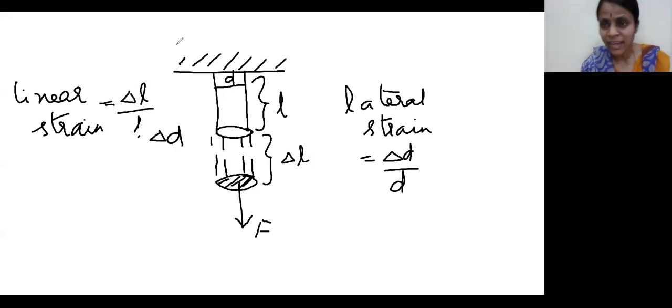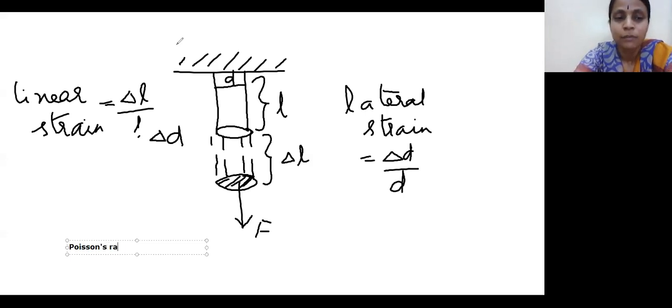Now, can I say that as the length increases, the thickness decreases? Isn't it? They are inversely proportional. That means the increase in one will decrease the other. And the ratio of the lateral strain to the linear strain, we are going to define by another quantity for a given solid.